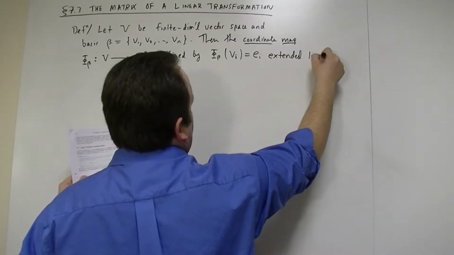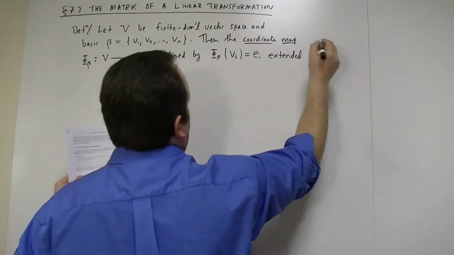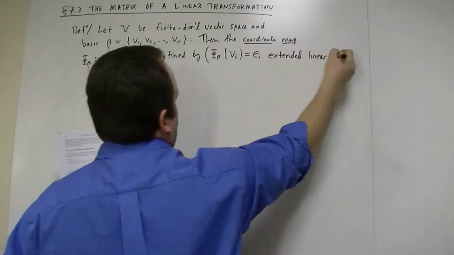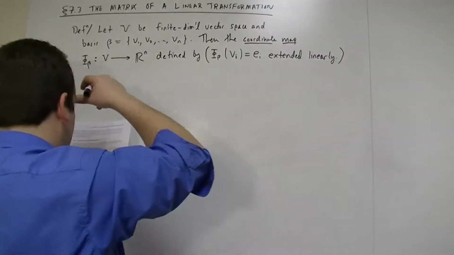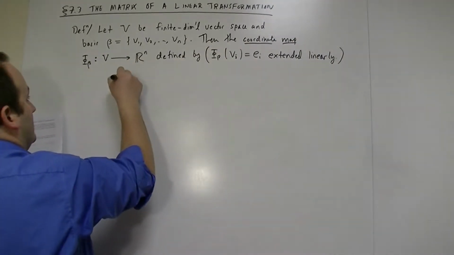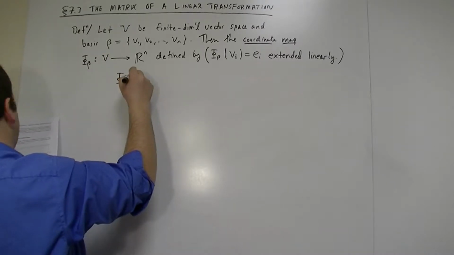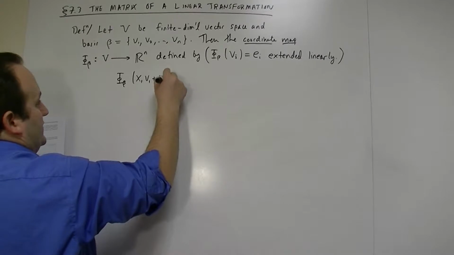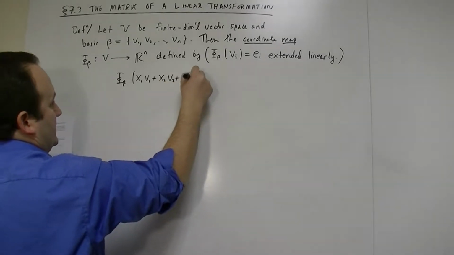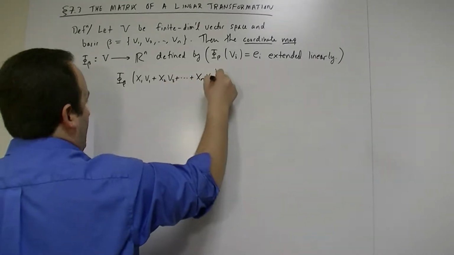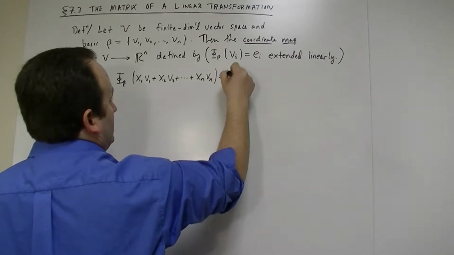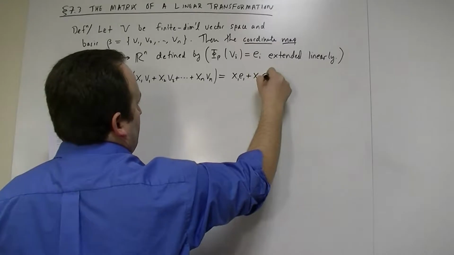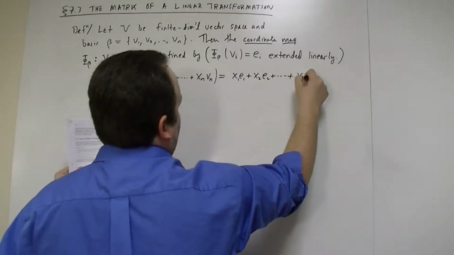In practice, that's often what I do. All right. And we put that in parentheses. That's one way you could define it. But that, of course, is equivalent to just saying the following: phi beta of x1 v1 plus x2 v2 plus dot dot dot plus xn vn is equal to x1 e1 plus x2 e2 plus dot dot dot plus xn en, where that's the standard basis.